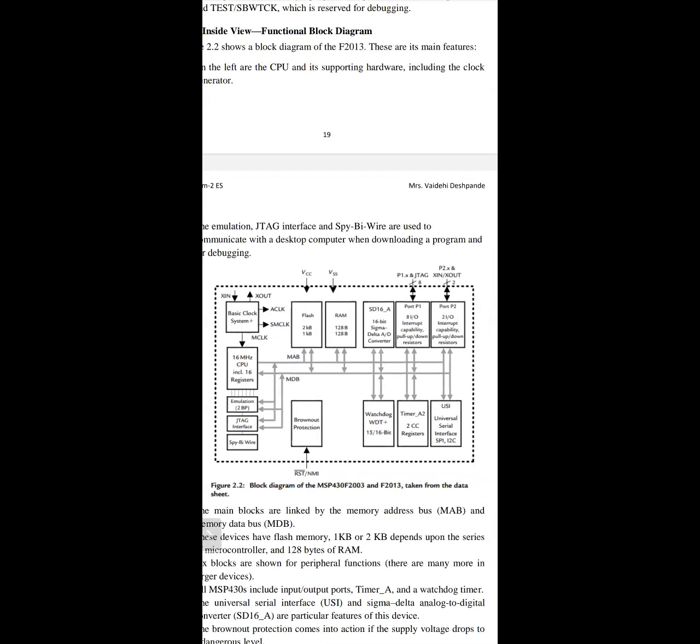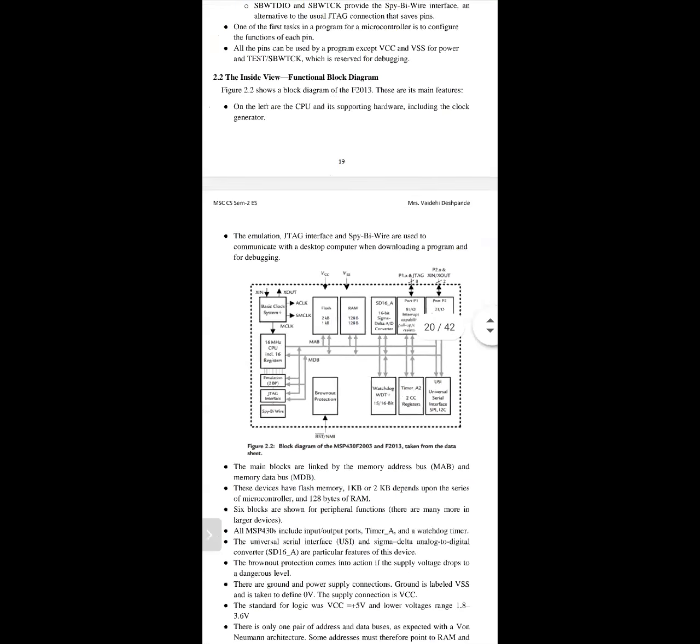So how is the internal arrangement done in this one chip? Clear? This is flash, RAM, then port 1, port 2, then you have a watchdog timer. So we will see about each and everything in detail in the inside view.